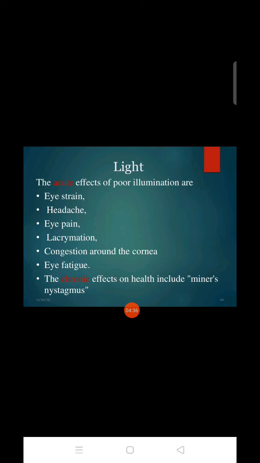The chronic effects on health include Meniere's nystagmus.